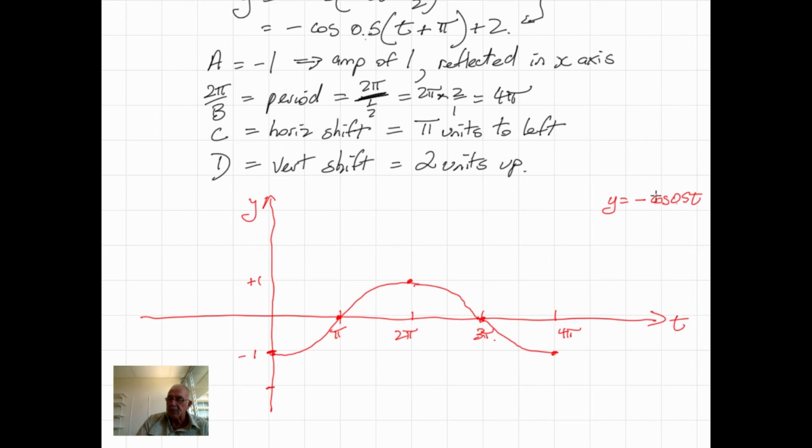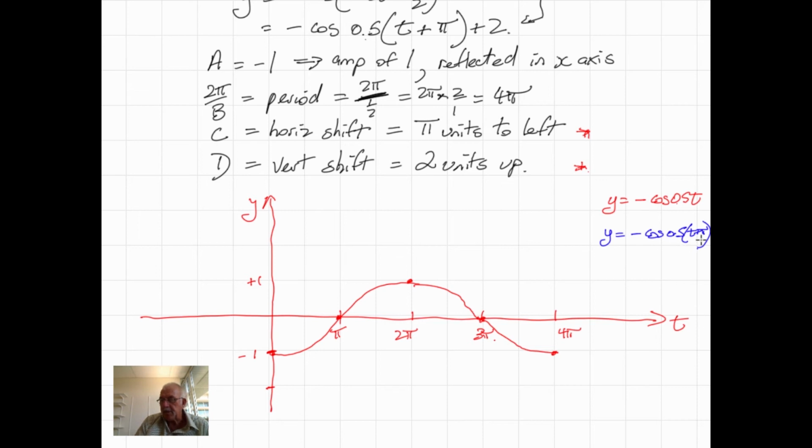So that's y equals negative cos 0.5t, taking into account the negative and the 0.5. We haven't done the C or the D yet. We've only just done the effect of the A and the B. So let's go into a blue graph, and we want y equals negative cos 0.5 outside of (t plus pi).